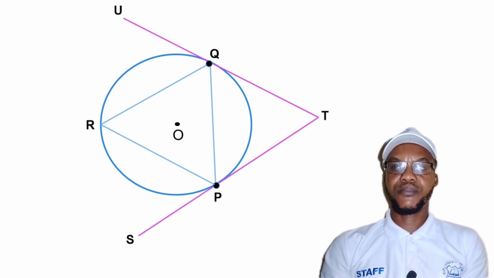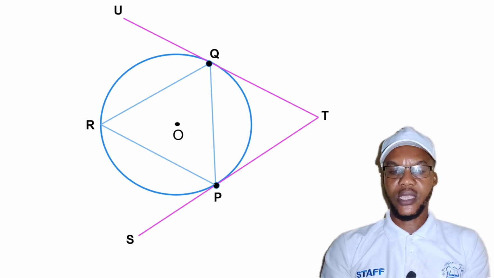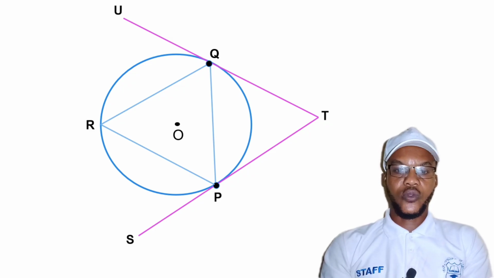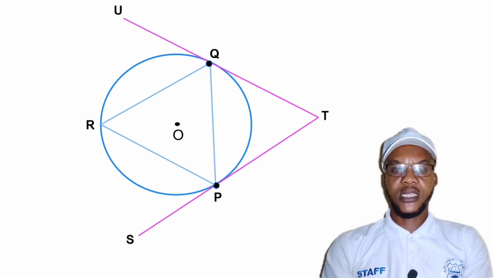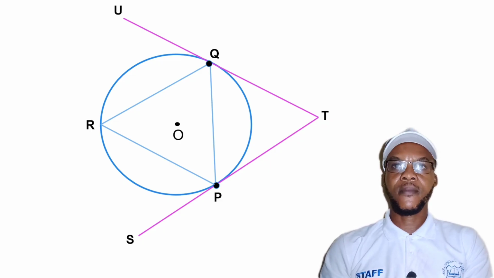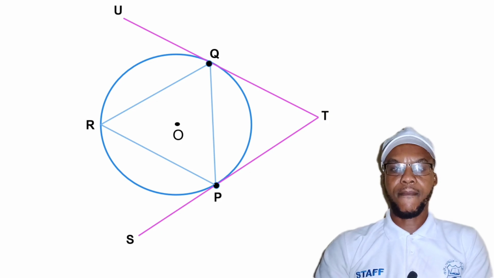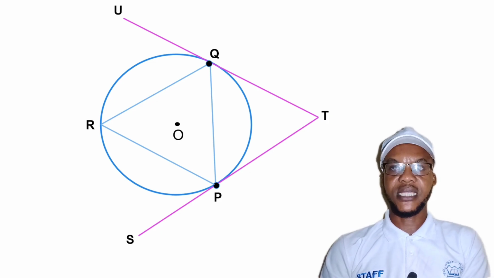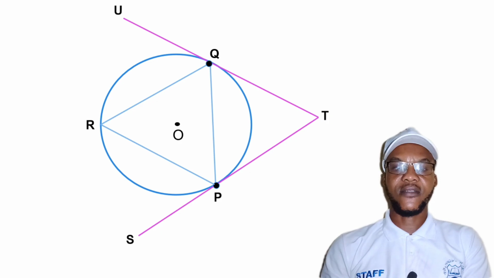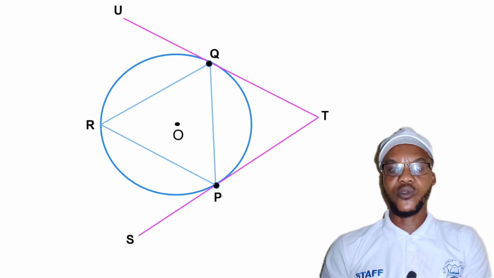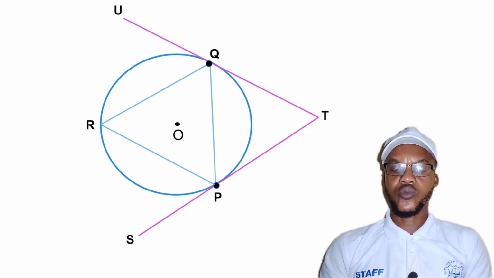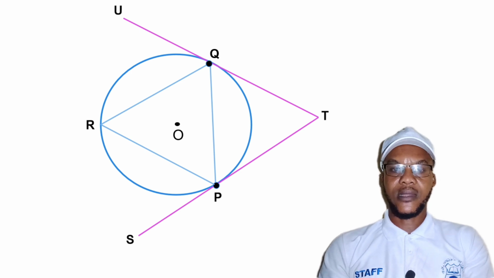We have RP, which is one chord, and we also have RQ, another chord, and QR. If you take RP, the chord that meets the tangent at P, the angle from there is what we are talking about. That angle is directly opposite to the one at R.